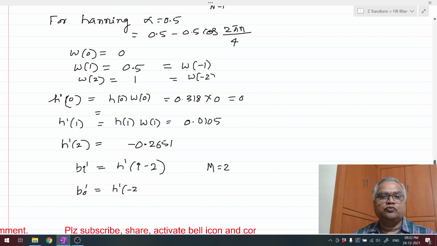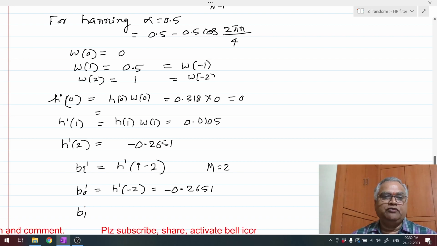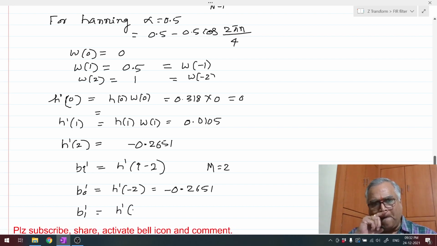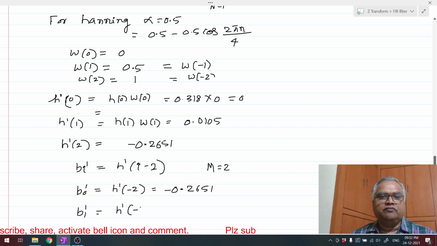H prime of minus 2, which is minus 0.226. B1 prime is h prime of minus 1.